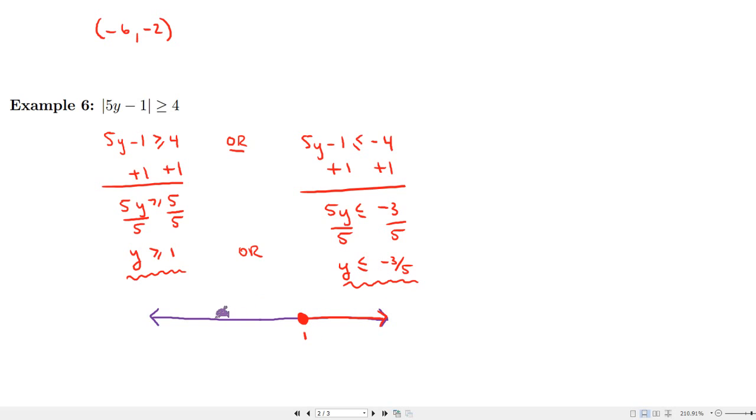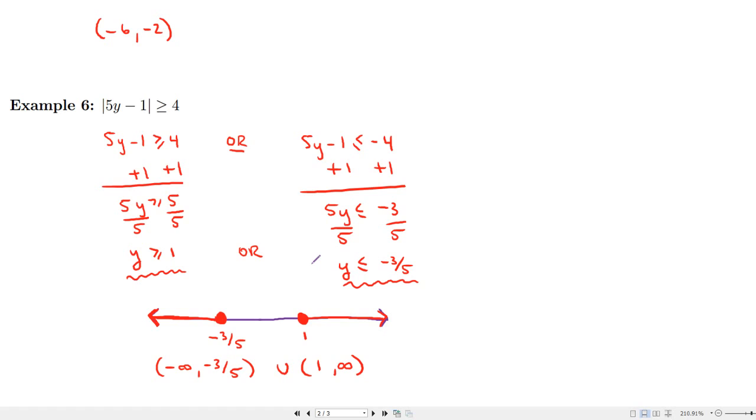And then the other one, filled in circle, negative 3 over 5, and less than or equal to that. So you see that there is no overlap here, but this is a union. So we're going to have negative infinity to negative 3 over 5 union 1 to infinity. And that would be our solution.